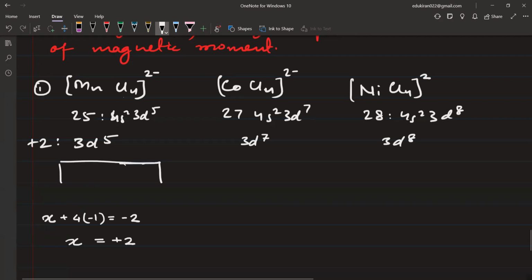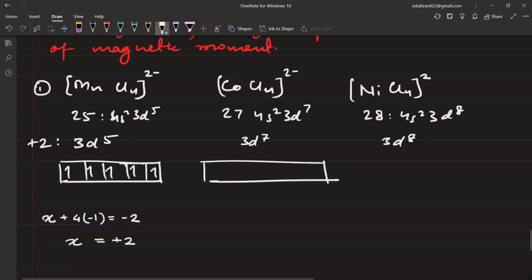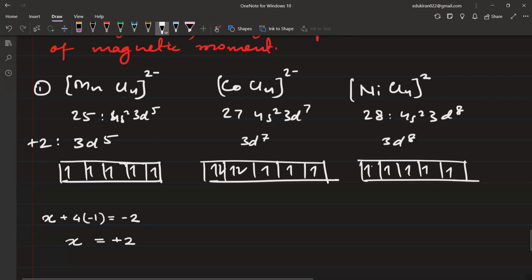अब बताइए which is going to have the highest unpaired electrons? Please remember unpaired electrons ऐसे देखते हैं ना. You are going to make 1 2 3 4 5 for d5. For d7 it is going to be 1 2 3 4 5, then 2 3 4 5 6 7. 3d8 में आपके पास क्या हो जाएगा? You have 1 2 3 4 5 6 7 8. Which is having the highest number of unpaired electrons?